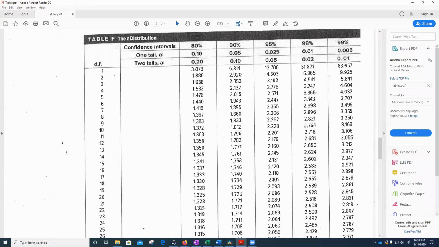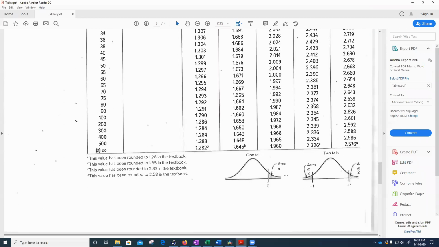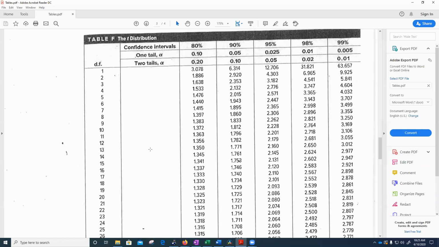Remember, all these values are given for your alpha, but your alpha is the right area. Look at this picture. To find the t value, you have to plug in the right area, that is my alpha. But unfortunately, if you look at your alpha here, the maximum alpha value is 0.1, right? What does that mean?